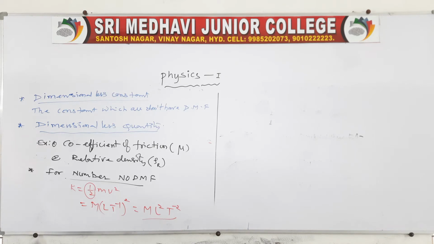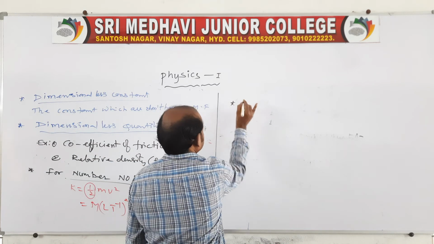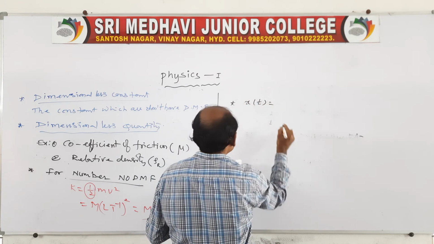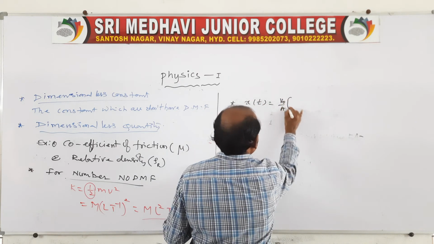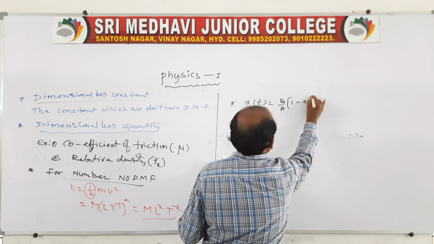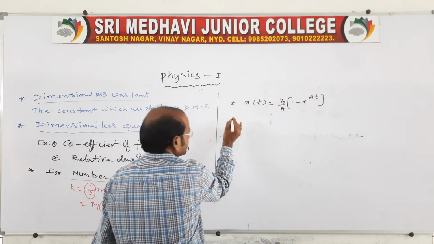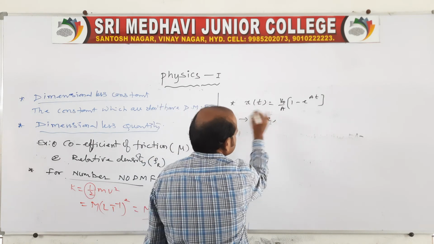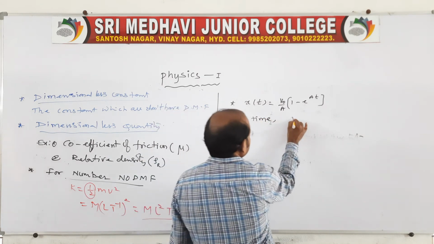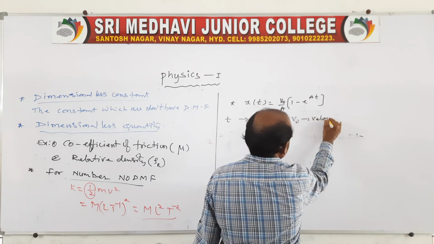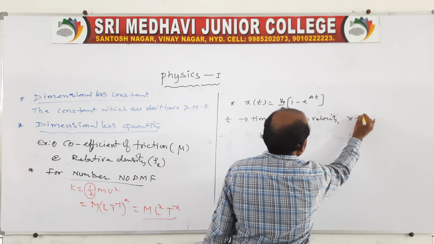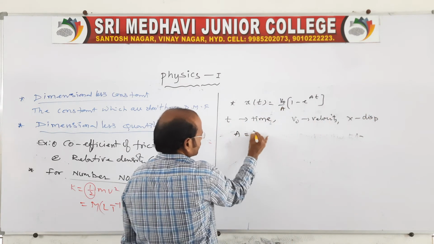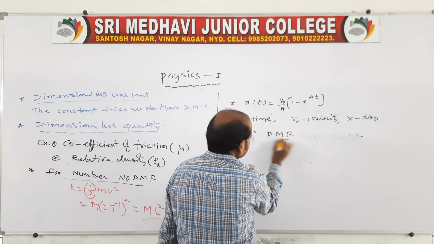Suppose I give an exponential function, x of t equals v naught by a times (1 minus e power at). Here t is time, v naught is velocity, and x is displacement. Find the dimensional formula for the given expression.